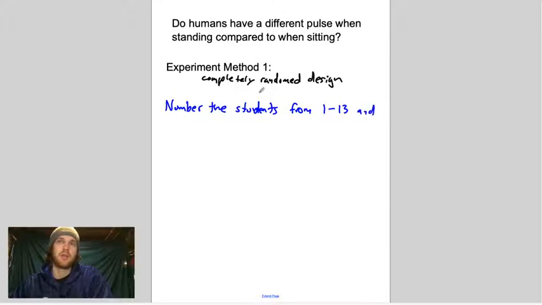And since we have an odd number, I'm going to randomly select 6 of them using a random number generator, using the old RNG.